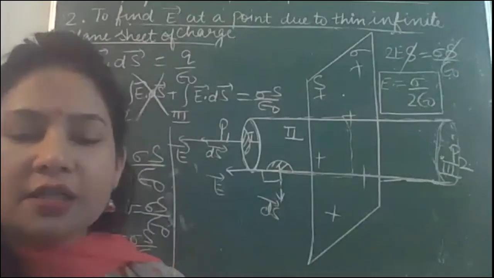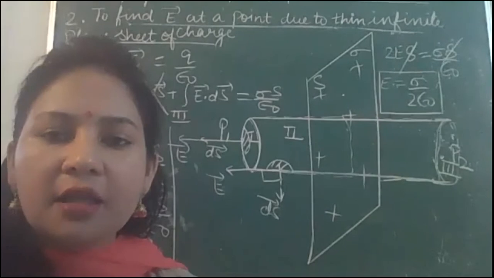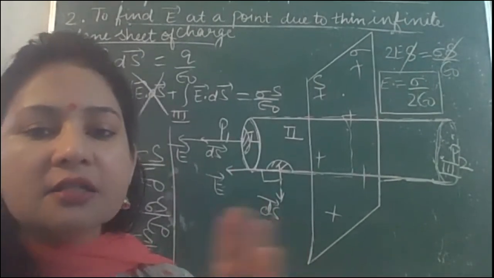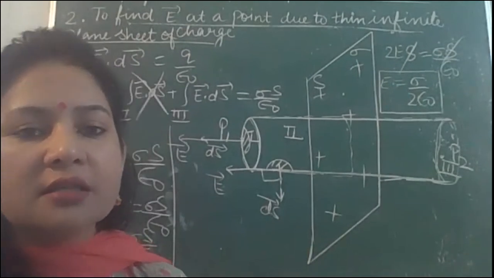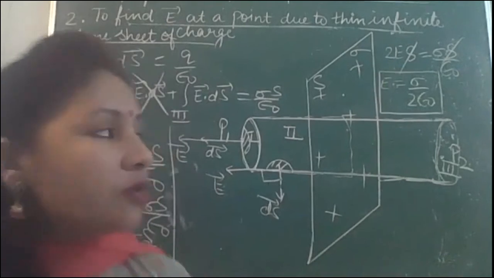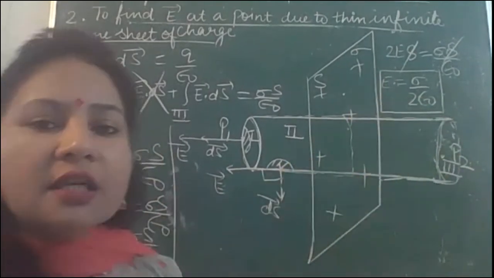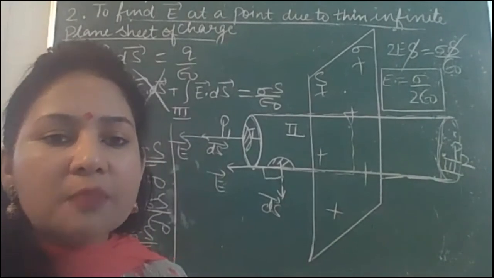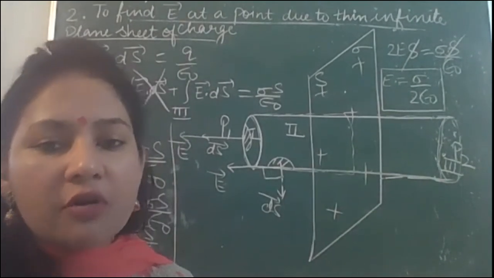Even if the distance of point is increased, he is taking the balloon away from the sheet, even then the angle is still remaining the same. That means it is exerting the same electric field on that point. So we can see that electric field intensity is independent of distance from the point of observation. So this is very interesting experiment on this application of Gauss's theorem.